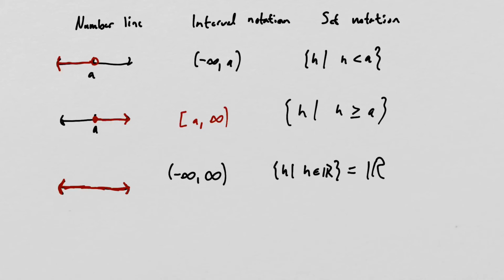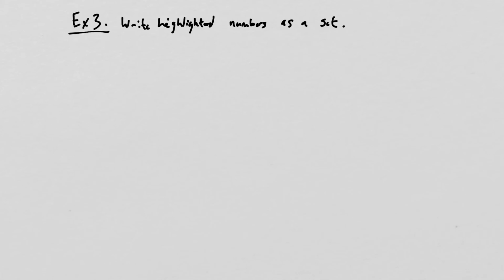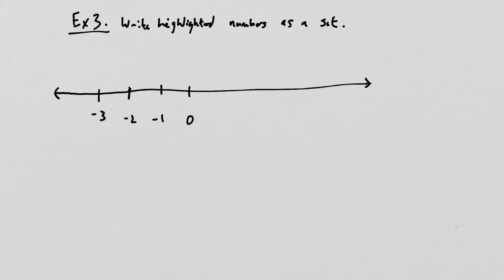Okay, so let's look at an example of writing our intervals as a set. This is example 3. Let me draw the number line, and let me highlight the sets.